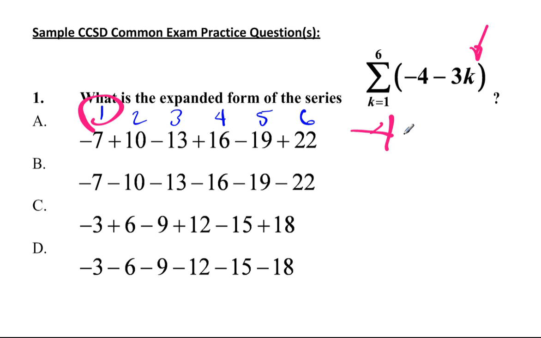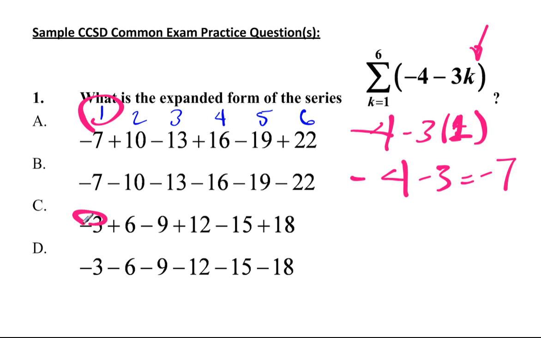So I got negative 4 minus 3 times 1. Why did I make that negative? That's just 1. Times 1. So we got negative 4 minus 3, which makes negative 7. That means 3 and 3 down here are both bad. Don't pick them. So, next one we need to pick is going to be plug in the 2.